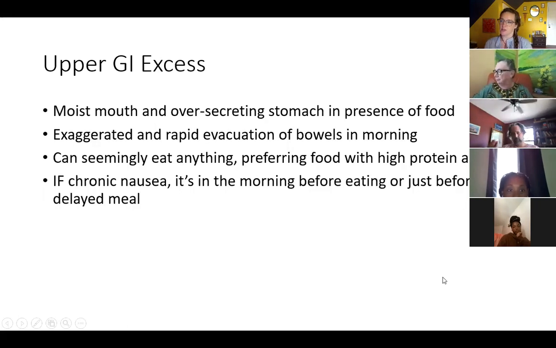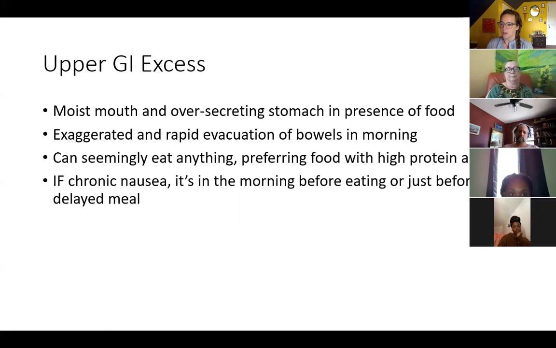Upper GI excess: moist mouth, over secreting of stomach in the presence of food, exaggerated rapid evacuation of bowels in the morning. And these people can seemingly eat anything. I know some people like this. They prefer food with high protein and fat because carbs just burn too fast. Carbs burn real fast in the stomach, and for these people, really, really fast.